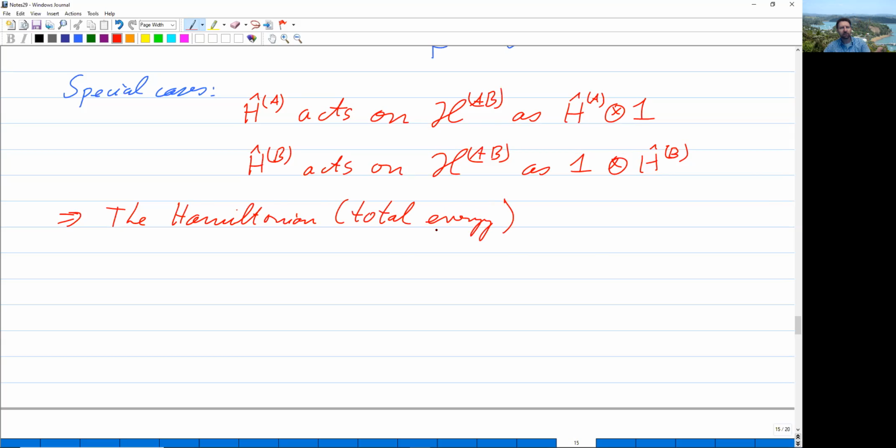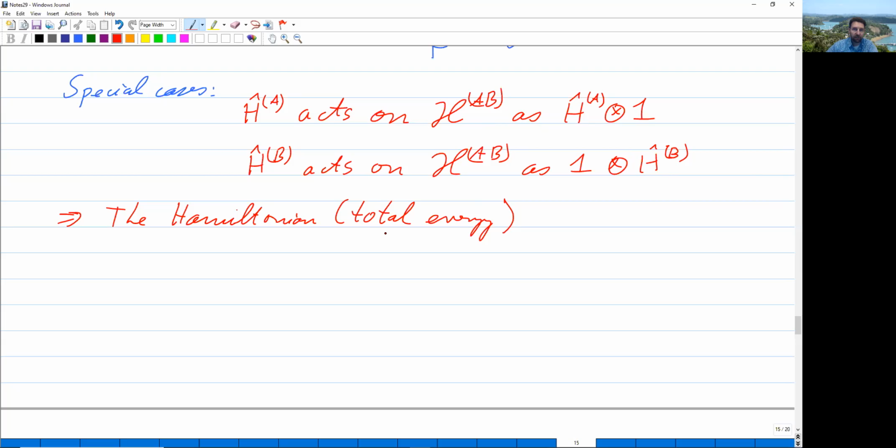From the very beginning of this course, remember there was Hamilton's deep insight that if you can write down the expression for the total energy of a system, then you can completely describe the system. Total energy contains all the information, because from the total energy function, from the so-called Hamiltonian, we can derive the equations of motion and therefore everything.